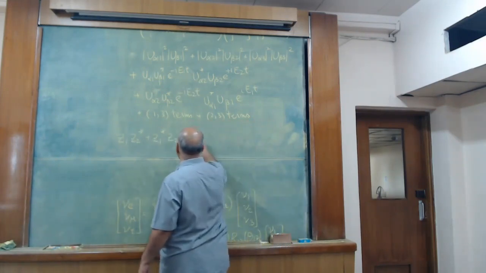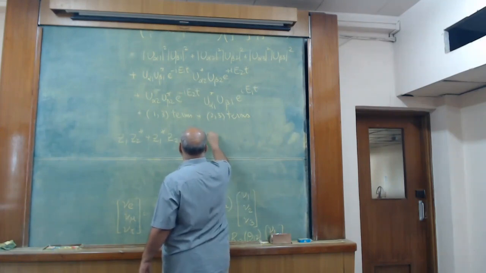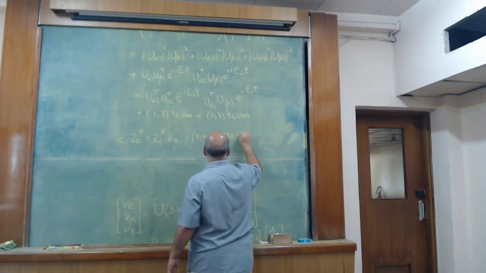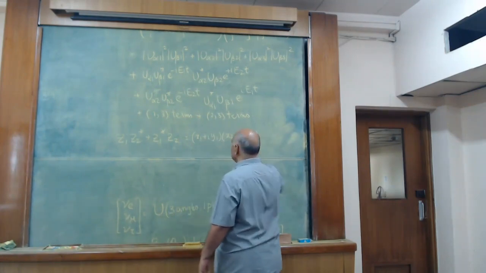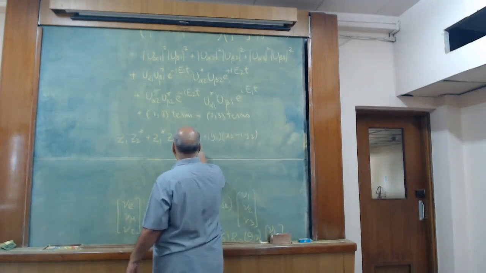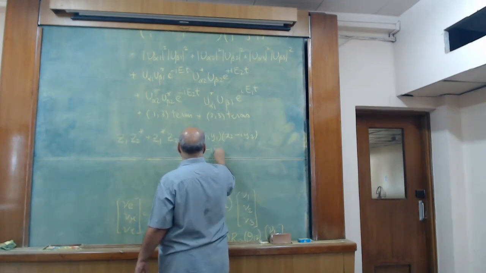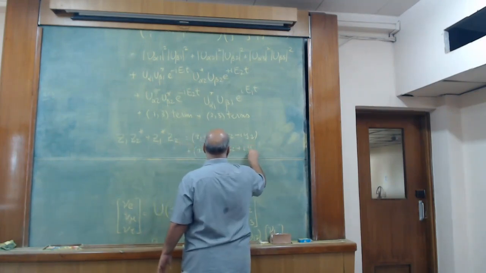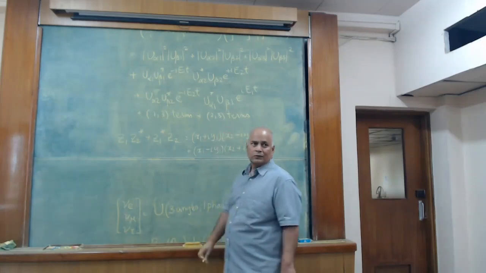So this is (x1 plus i y1) times (x2 minus i y2) plus (x1 minus i y1) times (x2 plus i y2).